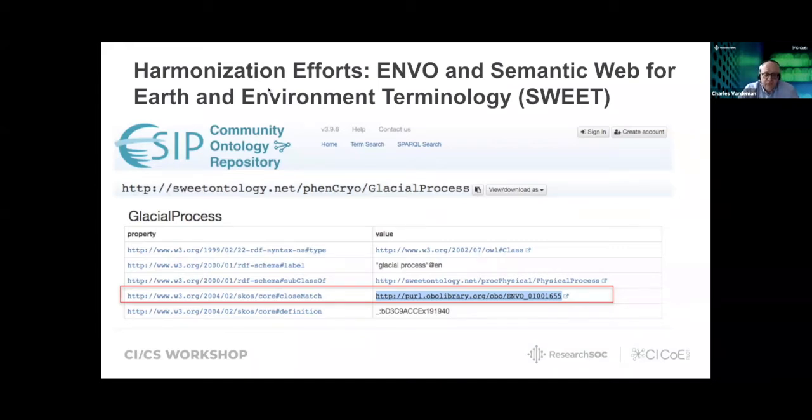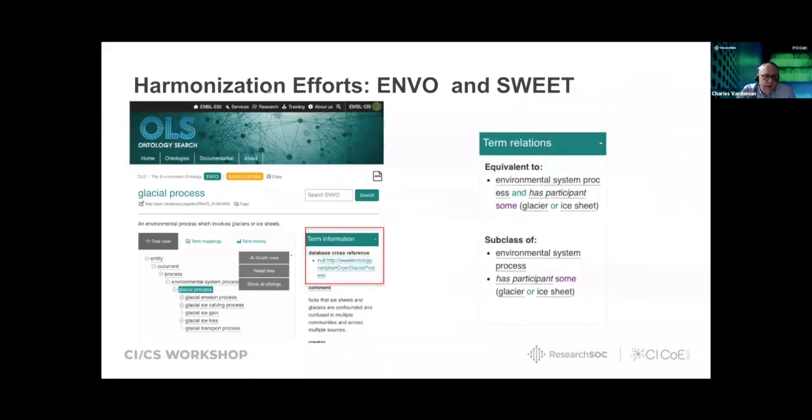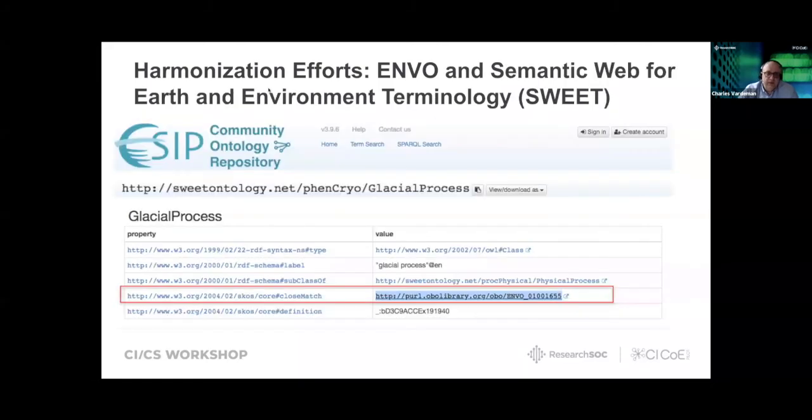And here, there's not really a lot of information. It's just a subclass of something called a physical process. But it has this thing called skos:closeMatch, which points to this PURL OBO ENVO thingy, right? Another URI. So if you actually dereference that, you end up at a landing page there for a glacial process, and here it's defined as a close match.